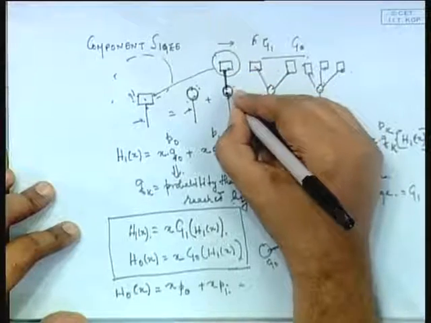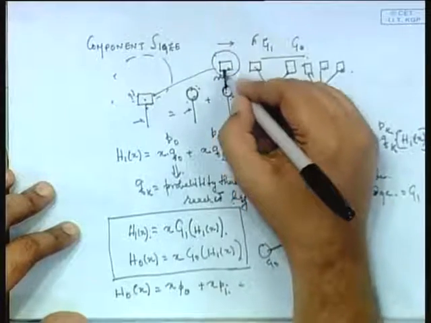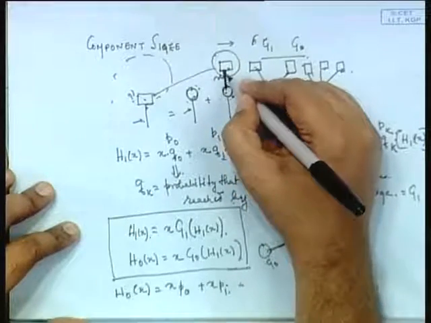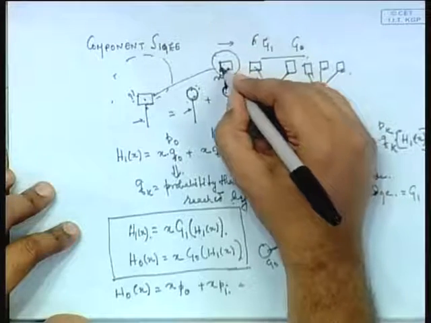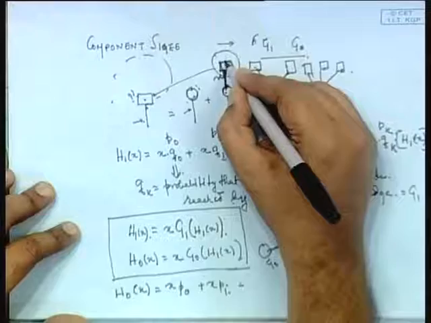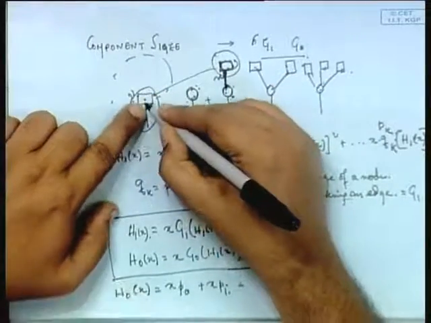And what is the probability that you will have one edge, P1, and then what will be the degree distribution of this, and this is exactly how you have reached here.